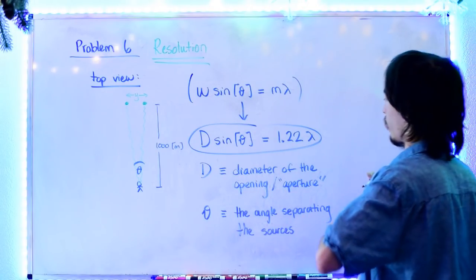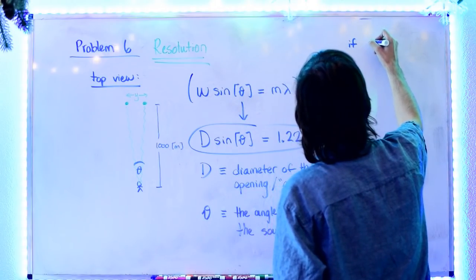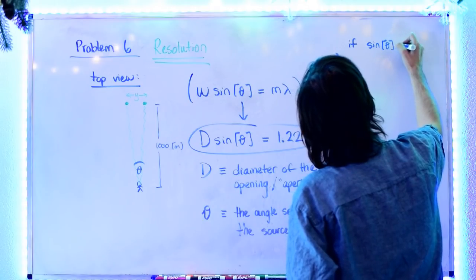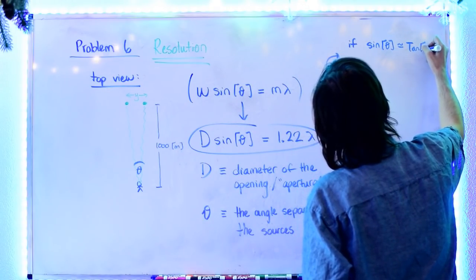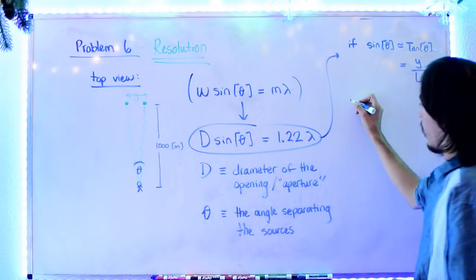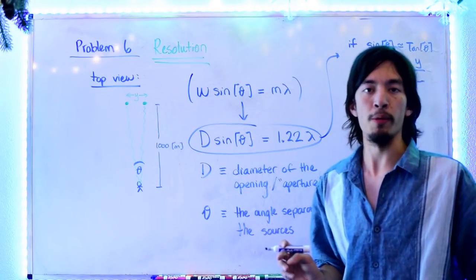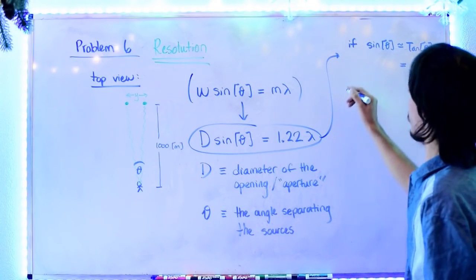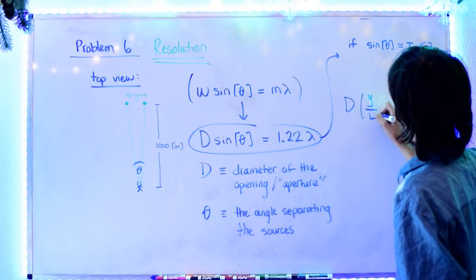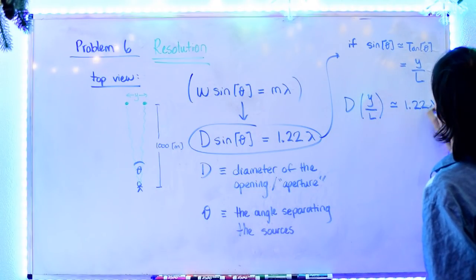So it turns out that sine of theta approximately equals tangent theta, which can be set equal to y over L. You can rewrite this equation as you would for your single or double slit problems with the approximation. So D times y over L is approximately equal to 1.22 lambda.